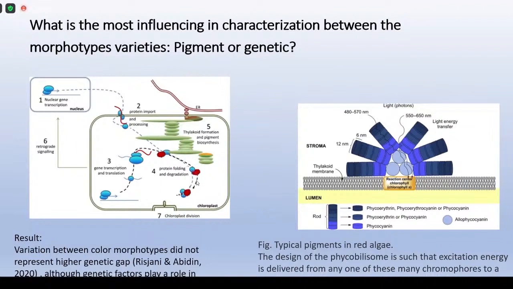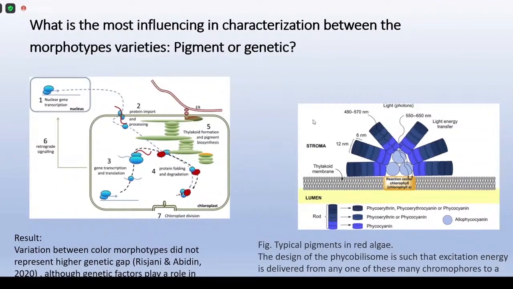Finally, thylakoid formation and pigment biosynthesis are formed in the chloroplast, and then it enters chloroplast division.